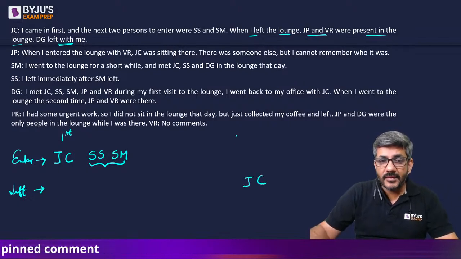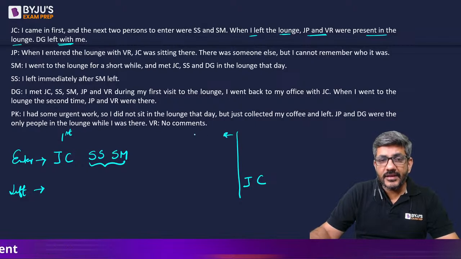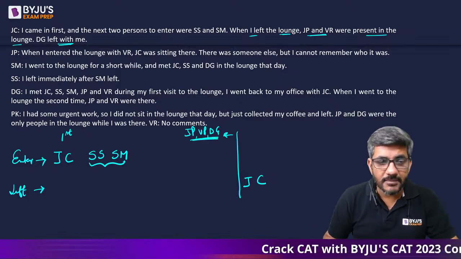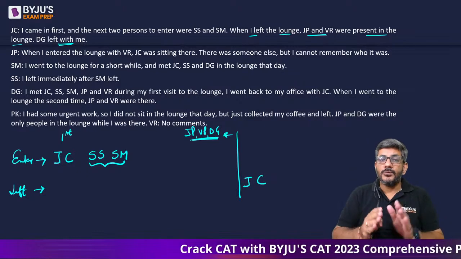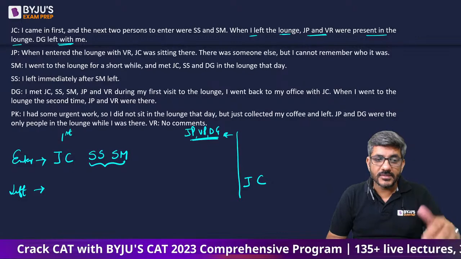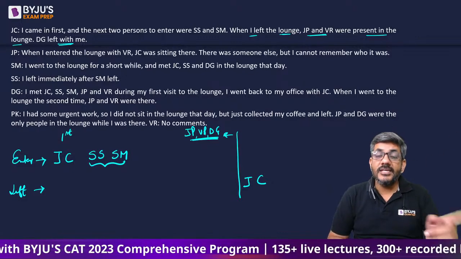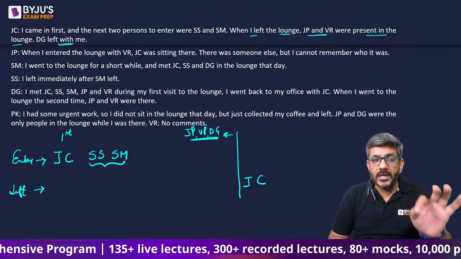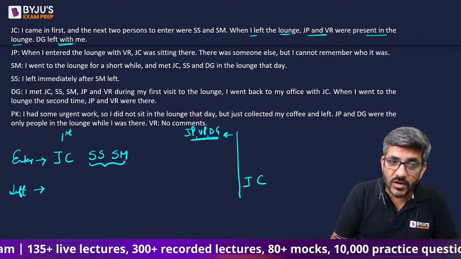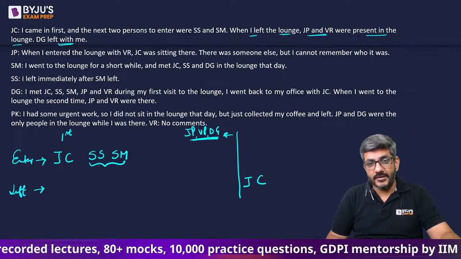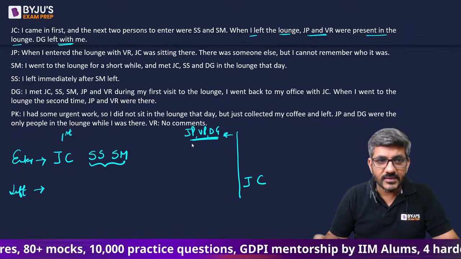Whenever JC left, before that, definitely JP, VR and DG would all have come. Currently, I do not know the order of JP, VR, DG, but they must have come before JC left. Okay? What next? आगे बढ़ते हैं.